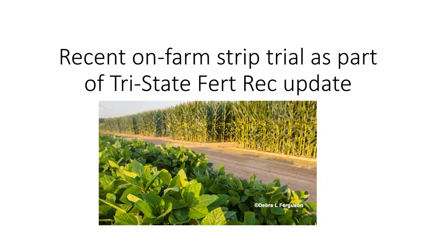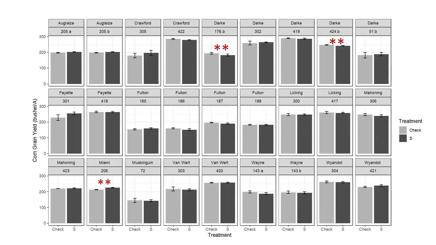This is a result from the recent on-farm sweep trial. This is part of the tri-state fertilization recommendation update. And these are all corn trials, 27.